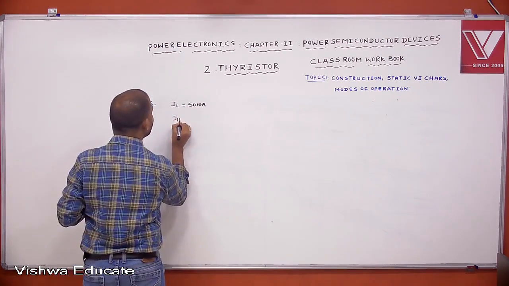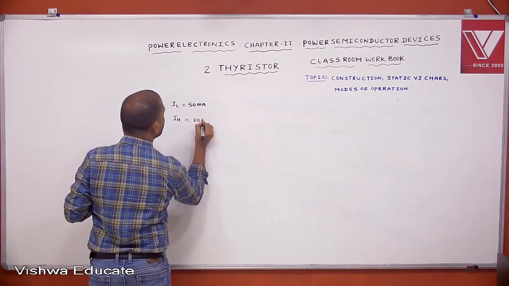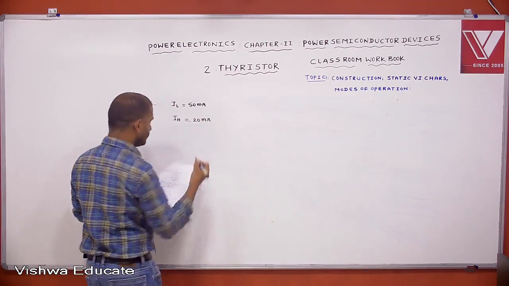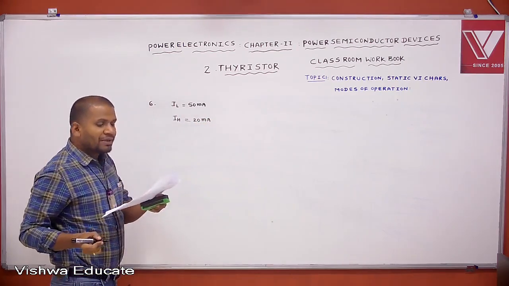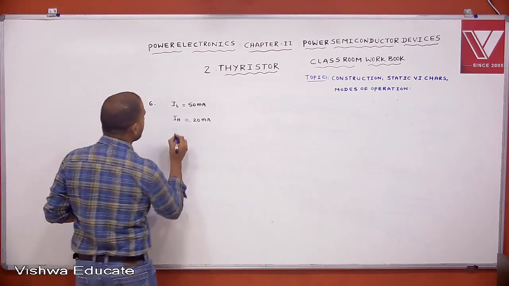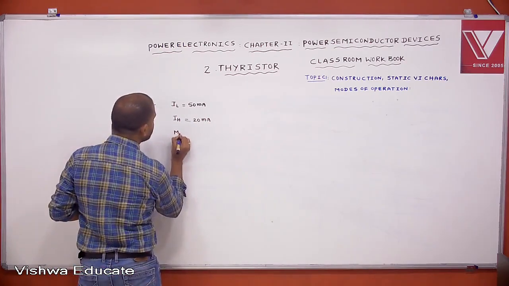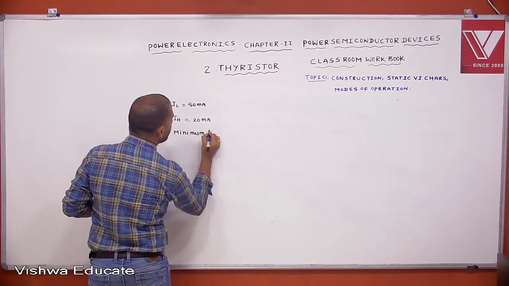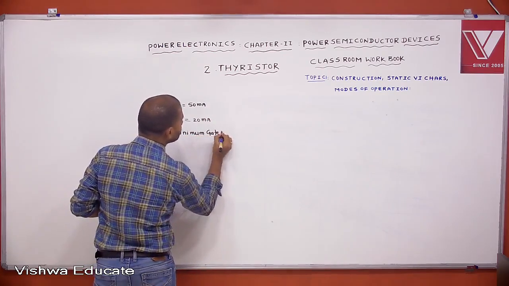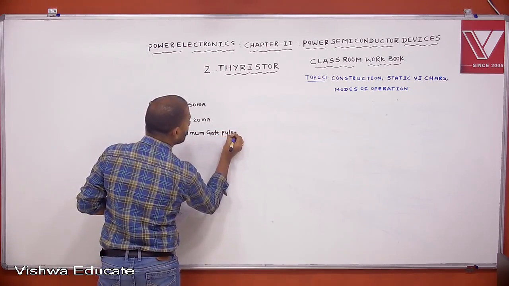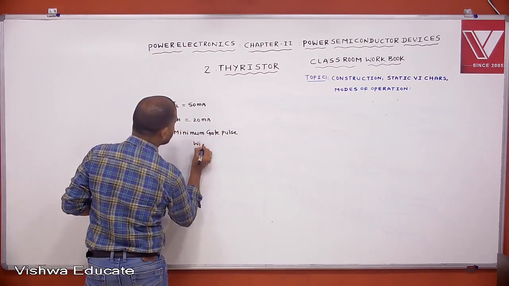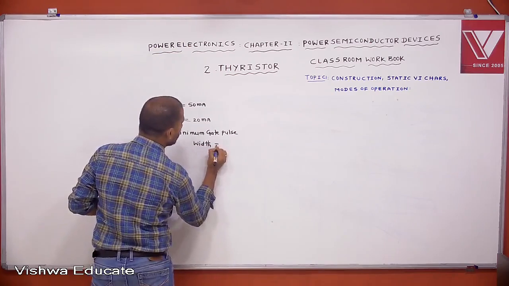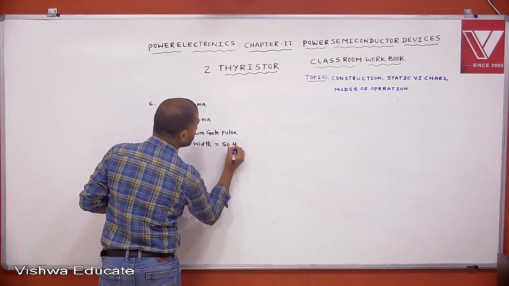But the holding current 20 milliamperes. Minimum gate pulse width is given. What is the minimum gate pulse width? Minimum gate pulse width is 50 microseconds.